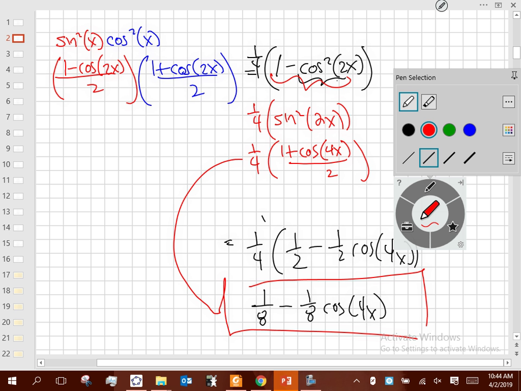When you're first being exposed to these, you might not see those things right away. And you might just say, okay, 1 minus cosine squared, power reducing formula, let's put cosine squared in there as 1 plus cosine of 4x over 2, and you work through the algebra. That's fine. But the more and more you see them, the more you might develop relationships, like I know that 1 minus cosine squared is going to be sine squared, and that's probably going to be more likable algebra for us. Okay.